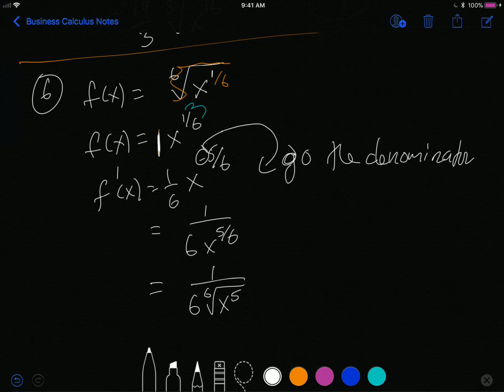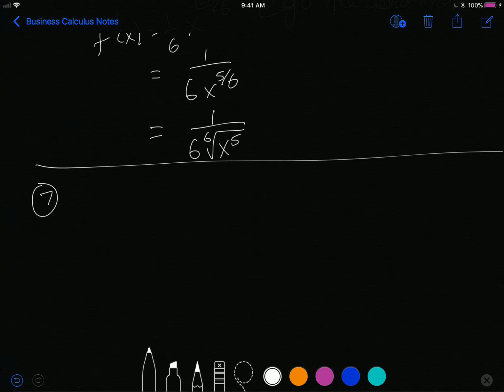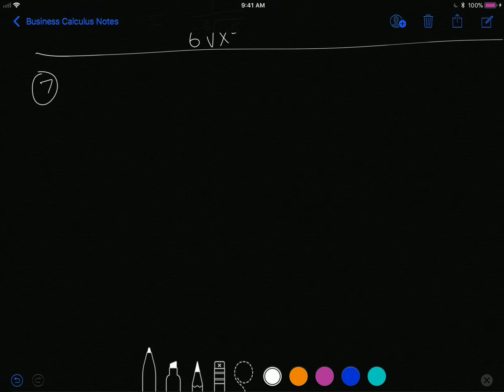Number 7. I have f of x is equal to 3 divided by the third root of x to the fourth power.